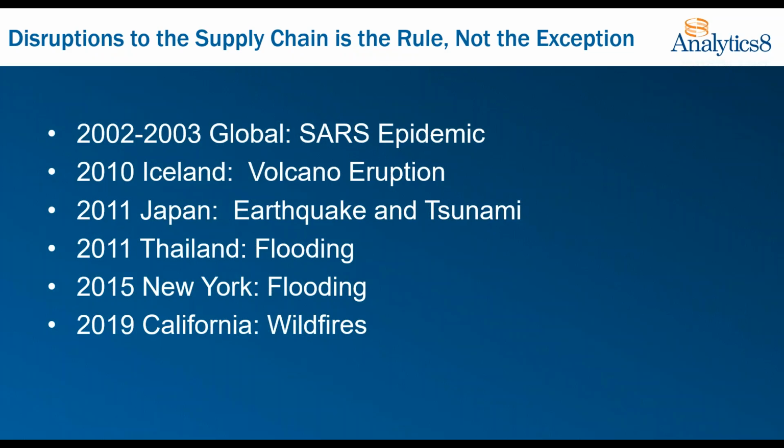It's not as though this is the first time we're seeing disruptions to the supply chain. In fact, it's pretty much the rule as opposed to the exception. I remember working in direct materials back in 2011 when the earthquake and the tsunami hit Japan.